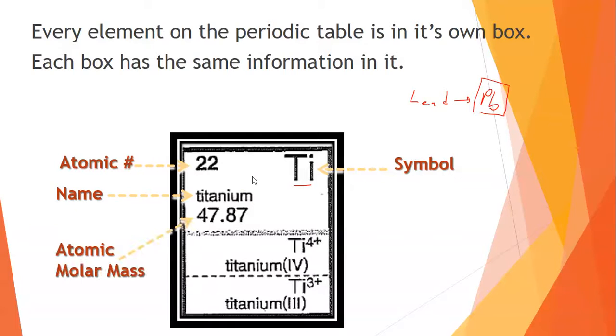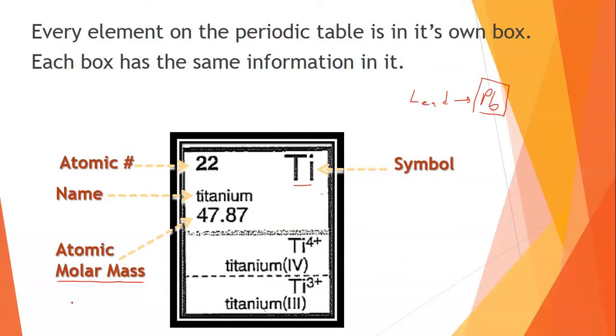Okay, there's the name and the atomic mass. So again, the atomic molar mass tells us how much an atom weighs, basically. Okay, this is derived by taking an average of what's known as the isotopes of a particular atom, and we refer to this as the atomic molar mass because if we were to weigh out 1 mole of titanium, this is how much it will weigh in grams.